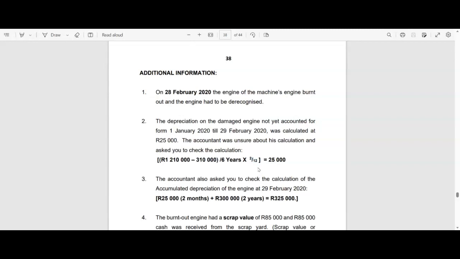Right. Does that work out? Does that give you 25,000, ladies and gents? I haven't checked the calculation recently, but last time I checked, it was still correct. So yes, yes, thank you so much.